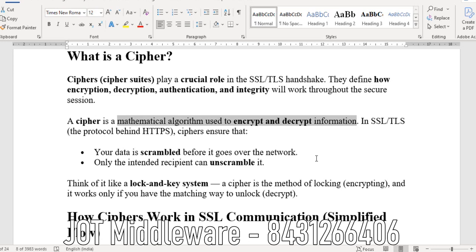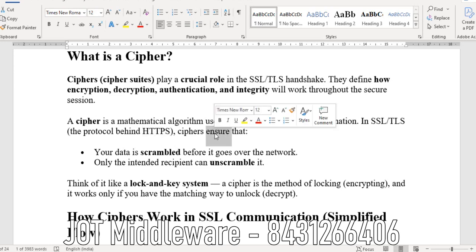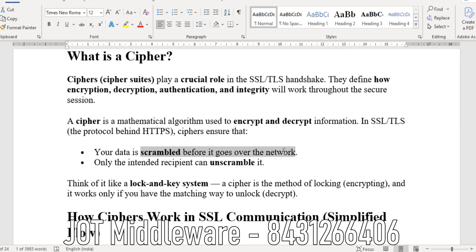So in SSL or TLS, the protocol behind HTTPS, ciphers ensure that, so it does not do the encryption and decryption. What exactly the cipher does is it ensures whether the data is scrambled, meaning encrypted before it goes over the network.